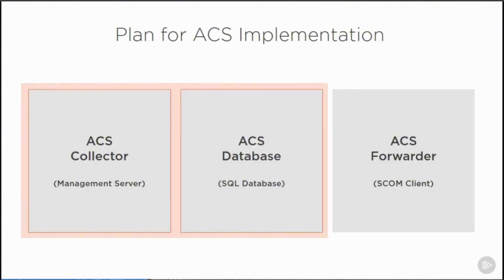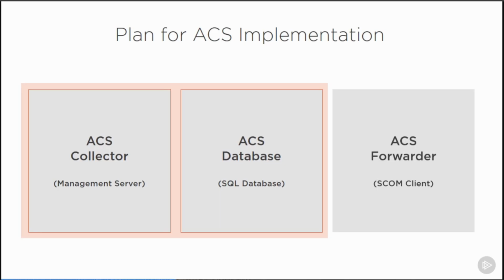The actual ACS forwarding code exists as part of the agent install that we've already done so far. There is a separate step involved with enabling the forwarding functionality, so there isn't any additional work required on the agent side other than simply turning it on. But be aware, if you do see this additional terminology, these are the terms that are used when we start adding ACS into our existing Ops Manager infrastructure.